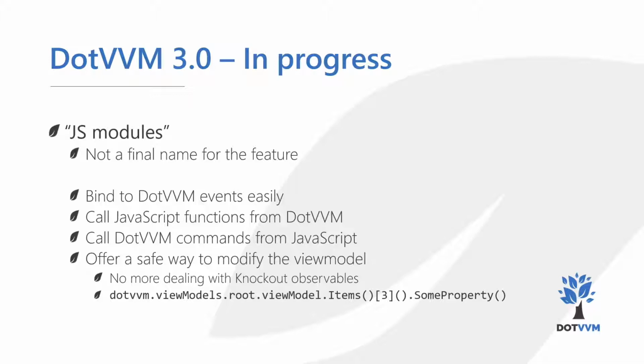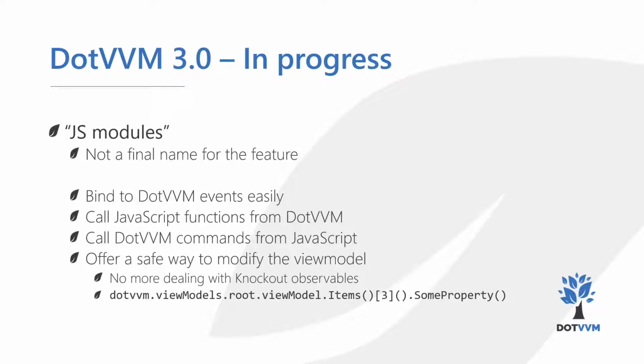So we have not decided yet on the final name, but it will allow you to interact with JavaScript libraries and components easily from DotVVM, and vice versa. These JavaScript functions will be able to interact with the DotVVM view model and call DotVVM commands. So basically, you will be able to call JavaScript functions from DotVVM markup and DotVVM components.